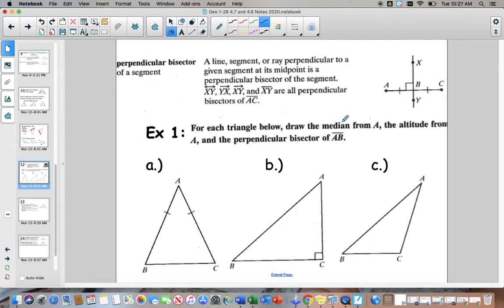So draw a median from A, an altitude from A, and a perpendicular bisector. In some of the shapes, you'll find that they are going to overlap. When we have this isosceles triangle, this has special properties for us. So if we draw the median, I'm just going to draw it as a line.